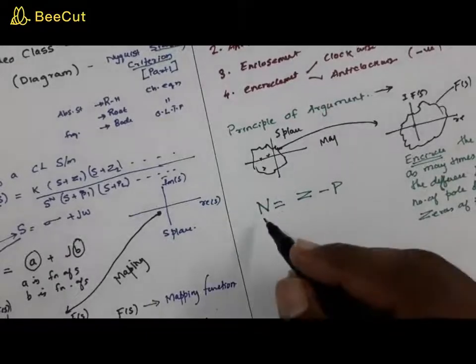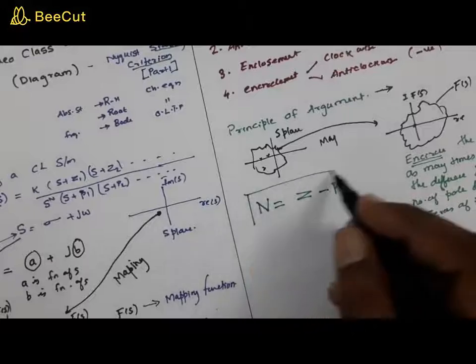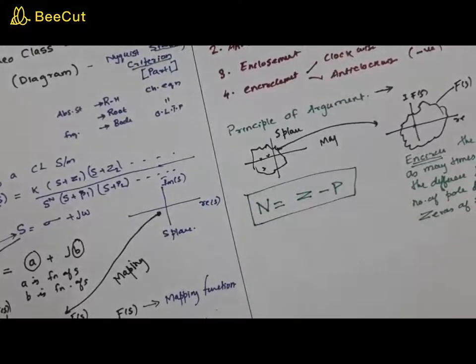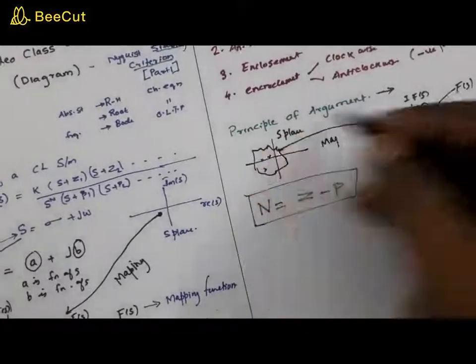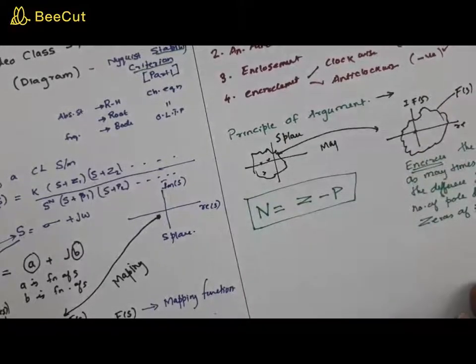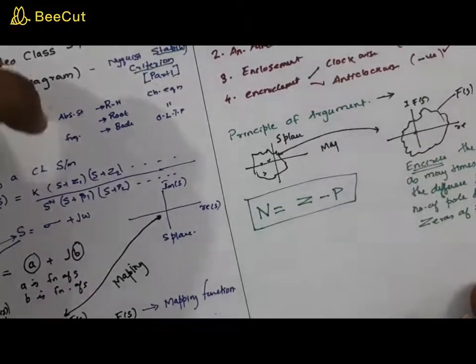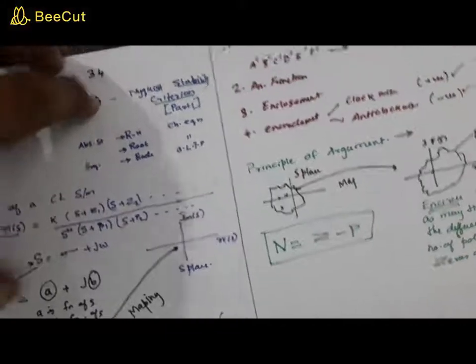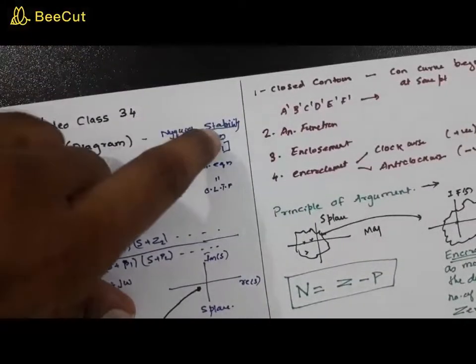So this is your encirclement equation, N is equal to z minus p, and this is what is called the principle of argument, which is the basic thread of analyzing stability, the Nyquist stability criterion.